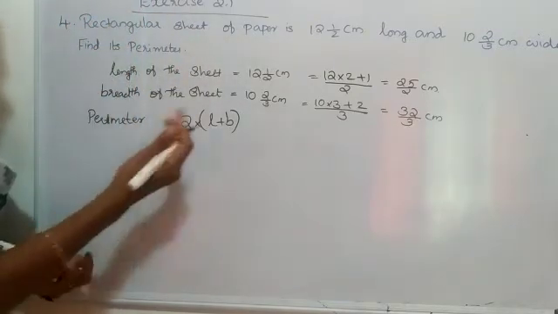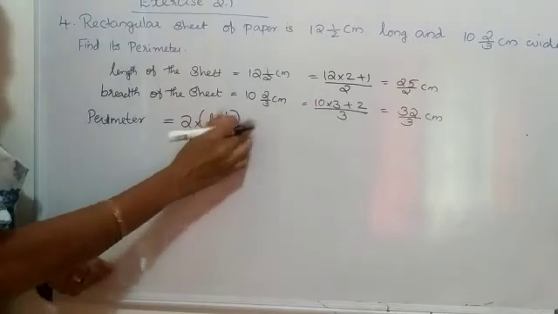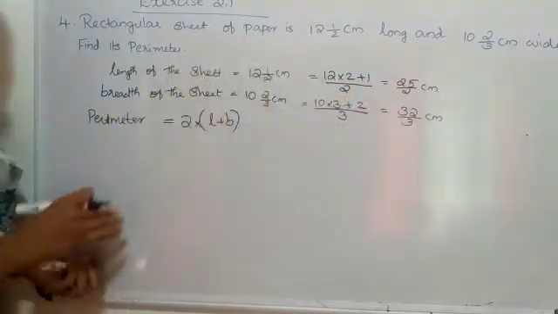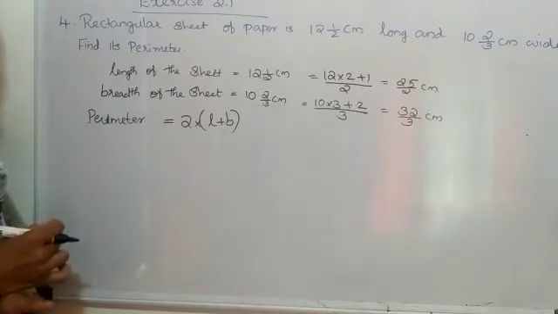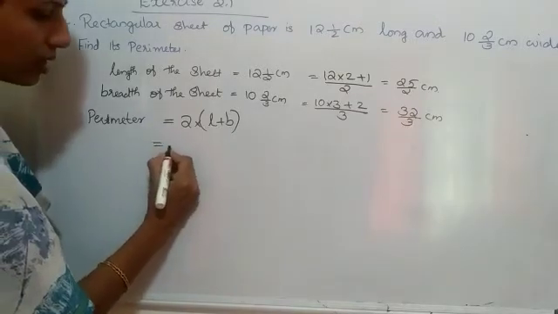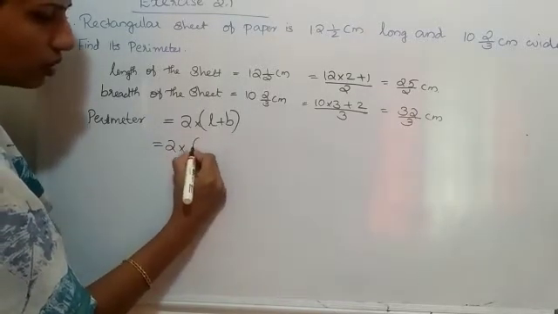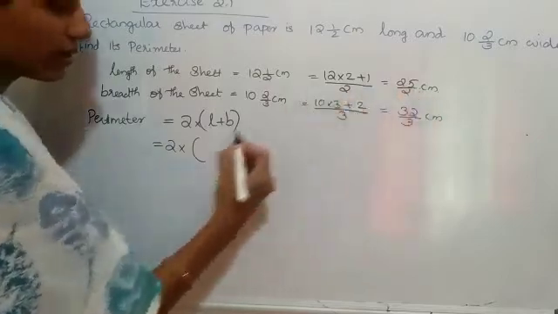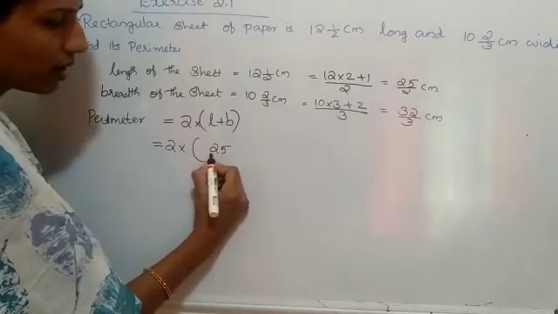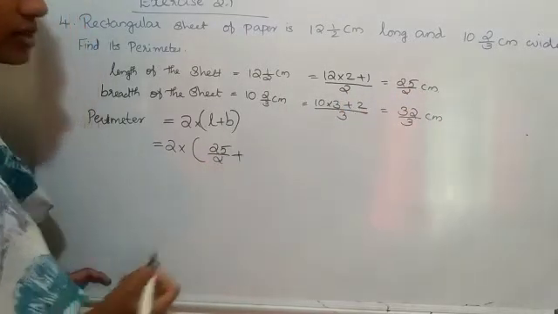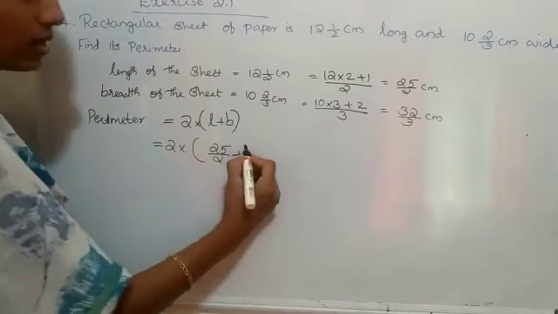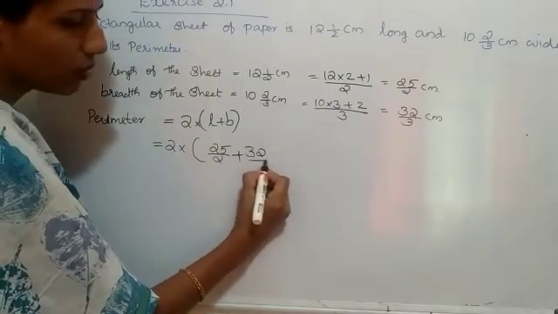Already we got the length and breadth here. Just apply the values in this equation and we can find the perimeter. That is 2 into, instead of length, we found 25/2, plus breadth 32/3.